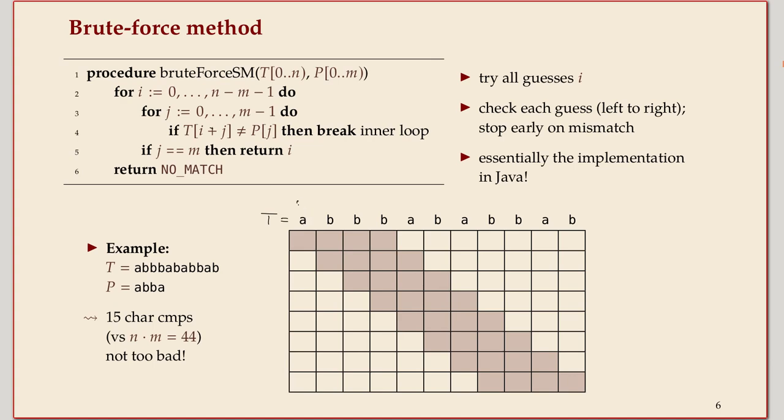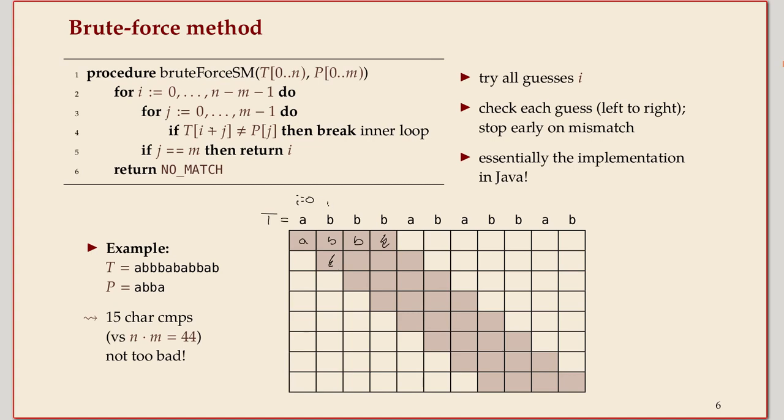So my first guess is I equals 0. I would just go through this, but then I'd have a mismatch. So at that stage, I know guess 0 wasn't successful. I have to go to the next one. Then I start comparing again. Already a mismatch. I don't have to compare the rest of the pattern at this position.